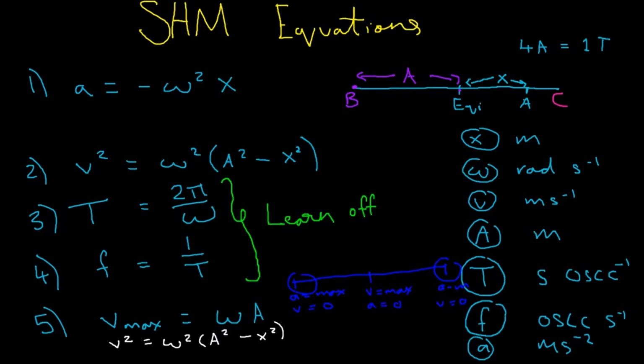If you sub in x is equal to 0, because if you recall, x is the displacement from the equilibrium point, you get v squared is equal to omega squared bracket a squared minus 0. So then you can square root both sides and you get v is equal to omega a, which is what we have here. So Vmax, maximum velocity, is equal to omega a.